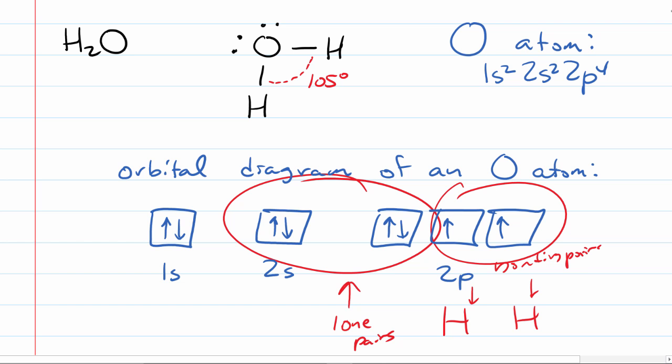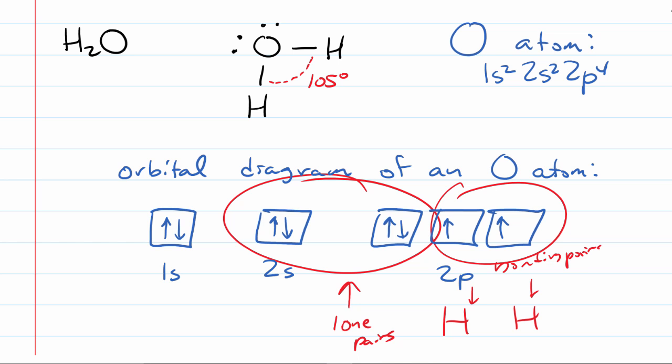So if we use this argument here, we go back to our p orbitals. And we'll remember the way that these p's look. When we look at them, we have their orientations, one that lies along the x-axis, one that lies along the y-axis, and one that lies along the z-axis. Now, how do we describe these angles relative to each other?